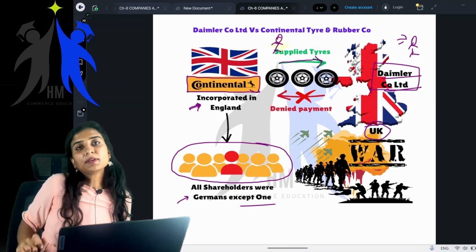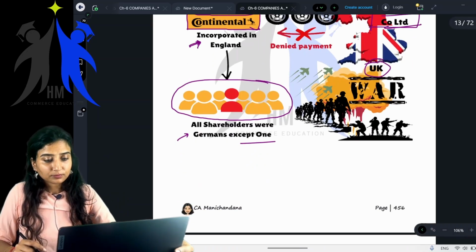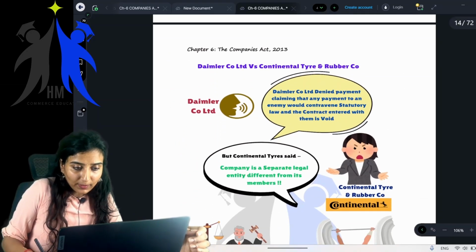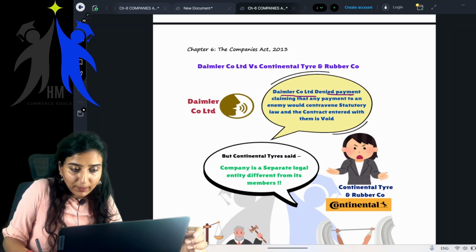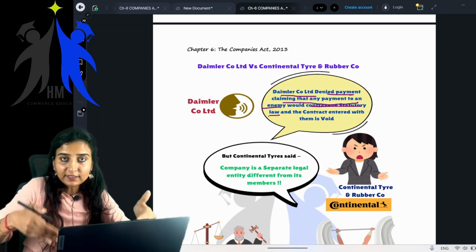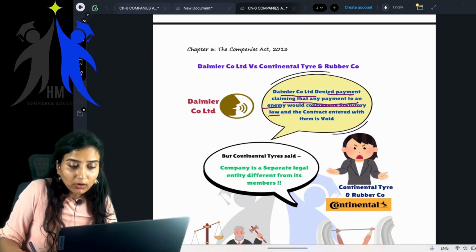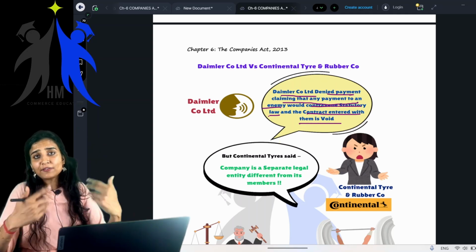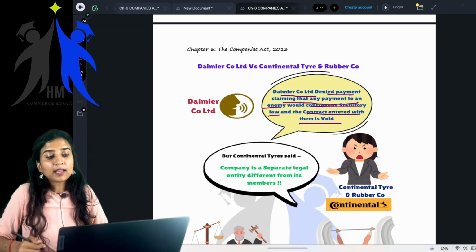But Daimler company did not listen. It went to court. See what happened here. Daimler Company Limited denied payment, claiming that any payment to an enemy would contravene the statutory law. That is the UK law, and the contract entered with them is void, not enforceable by law. So it does not have to make any payment, is what Daimler Company is telling.